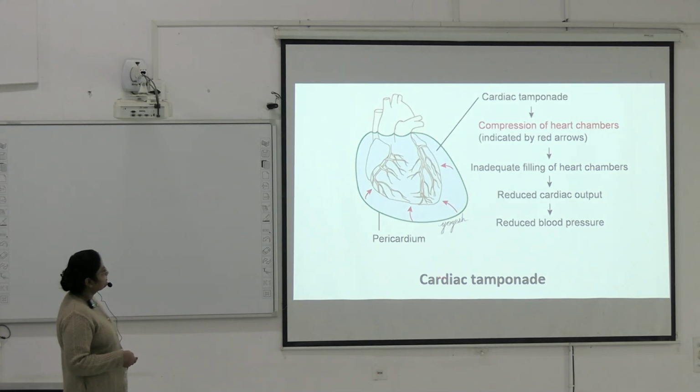You can see here, the fluid is giving pressure over the heart and prevents expansion of the heart during the diastole. So cardiac tamponade, compression of heart chamber indicated by these arrows, and inadequate filling of heart chambers will lead to reduced cardiac output and there will be reduced blood pressure in cardiac tamponade. Okay, understood?